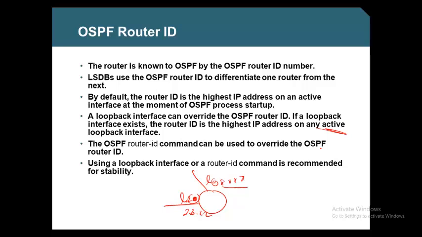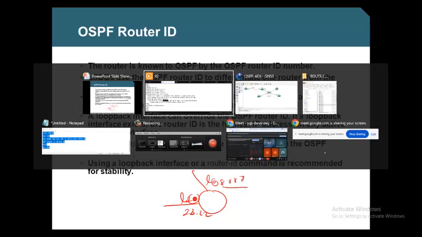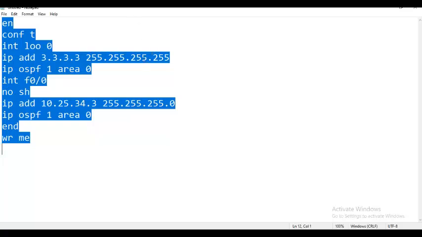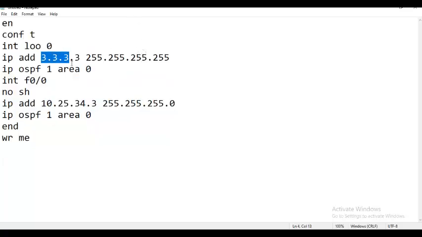Why? When you enable OSPF, the only interface that was active is this. When you put this command, the other is not there yet. Though it is a few milliseconds difference, it matters. So I always configure the loopback interface first.